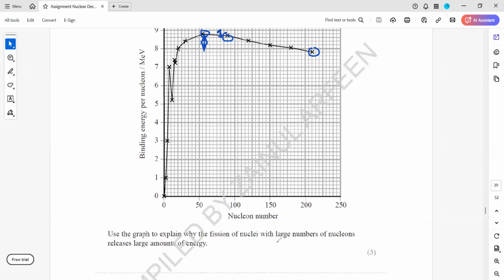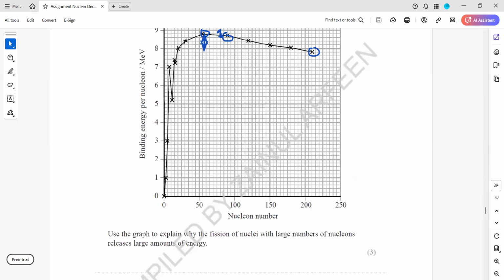So the graph shows that the increase in binding energy per nucleon is very small for the heavy nuclei, but for a large number of nucleons which undergo a fission, the overall energy release will be large.